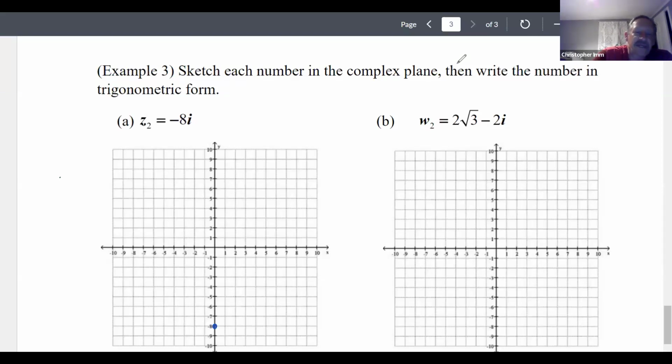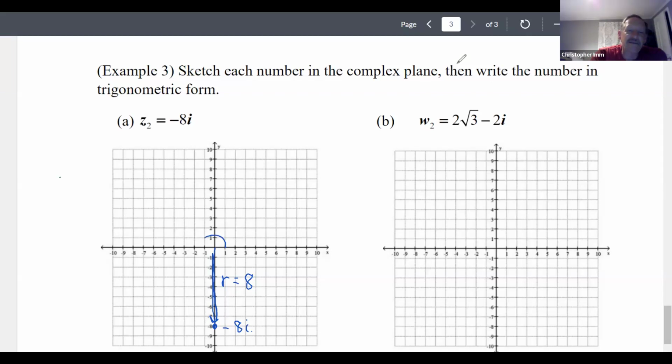So this would be the vector that looks like my negative 8i here in standard form. So now what I want to do is find the modulus and find that angle. The modulus is pretty easy because we don't really have a triangle here. We know that it's going to be 8 units away from the origin there.